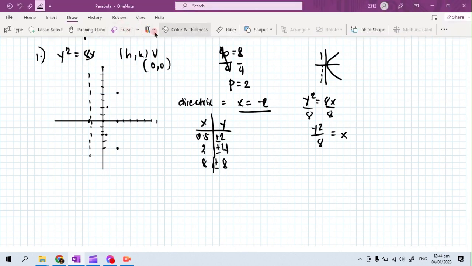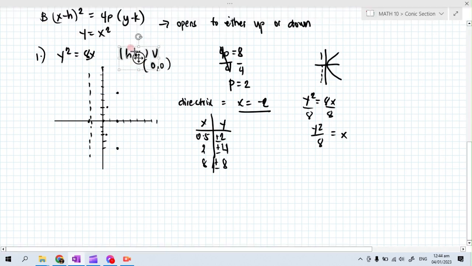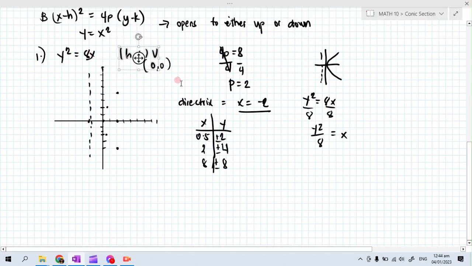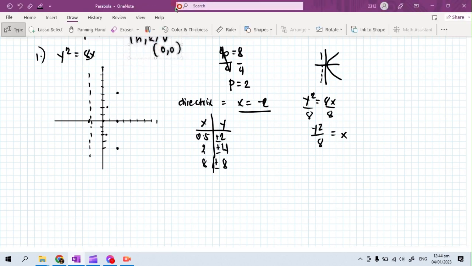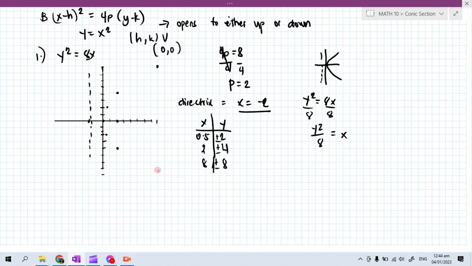Oh wait, we're going to just move this one upwards. There we go. Okay, back to our solving. 8, 8, so here, 1 2 3 4 5 6 7 8, so around here.